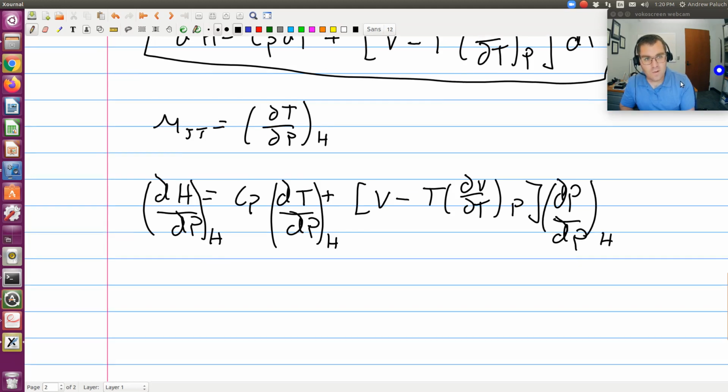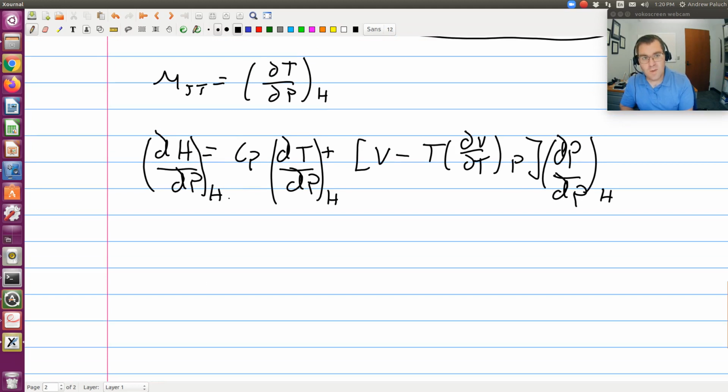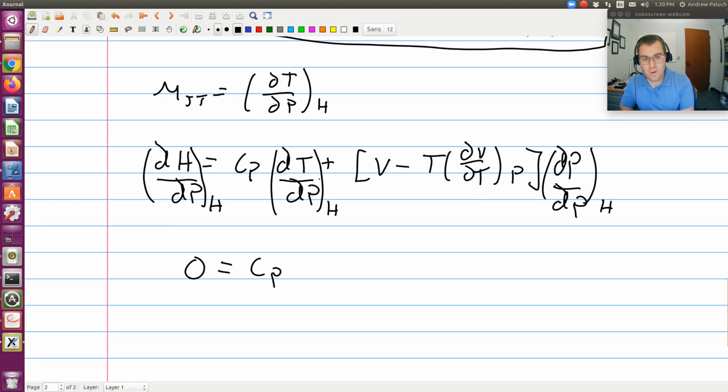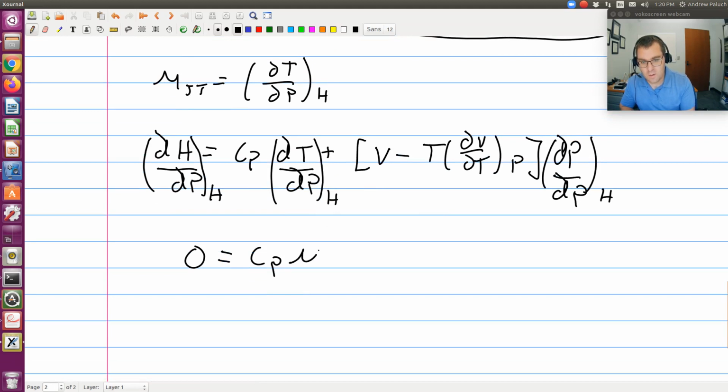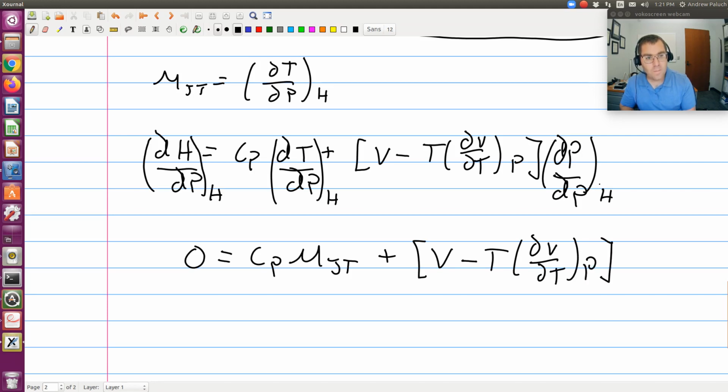Okay, and let's see what I have. So (∂H/∂P) at constant H, well, H is being held constant, so that's 0, is equal to Cp times (∂T/∂P) at constant H, where (∂T/∂P) at constant H is just μJT, plus [V minus T (∂V/∂T) at constant P], and then (∂P/∂P) at constant H, which is just 1.